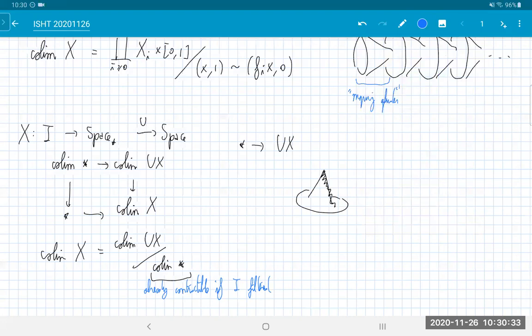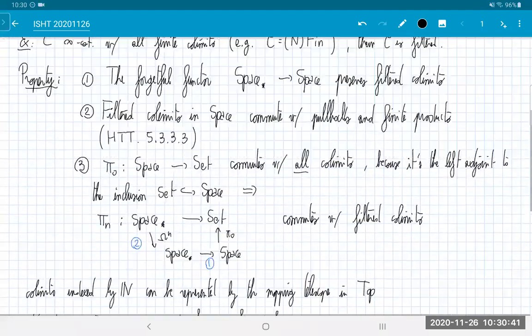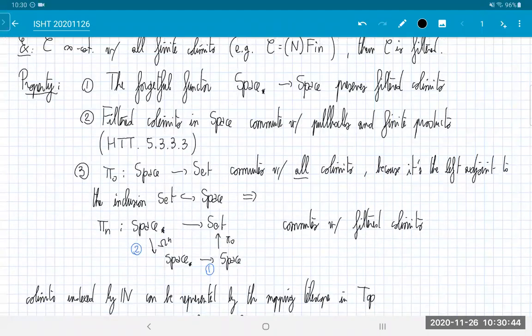We'll see. That's what I meant when I said that property 1 is more of a remark. You have to check that colimits in pointed spaces are actually given by the formula I just gave you, but after that, it's kind of easy.